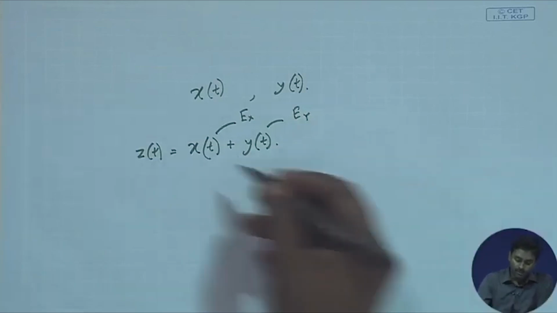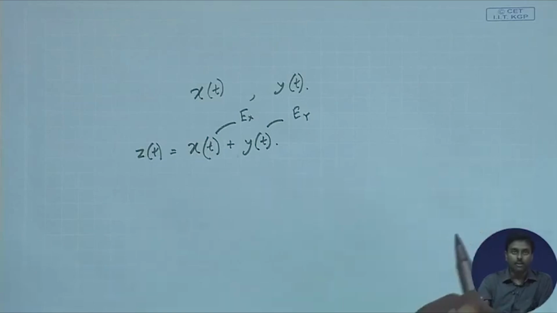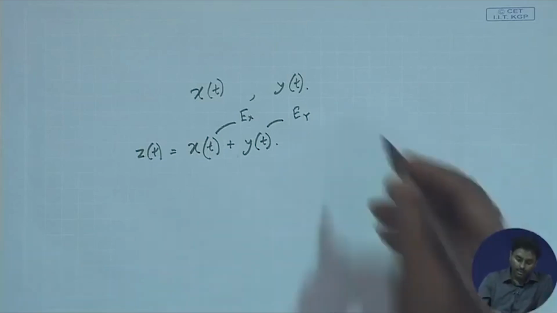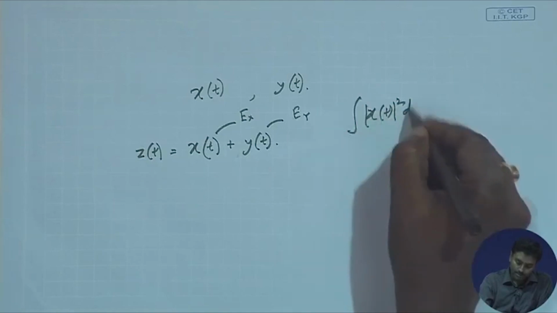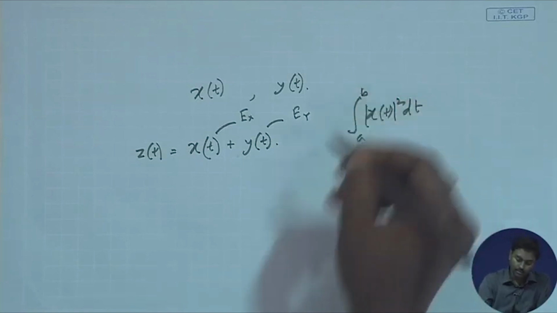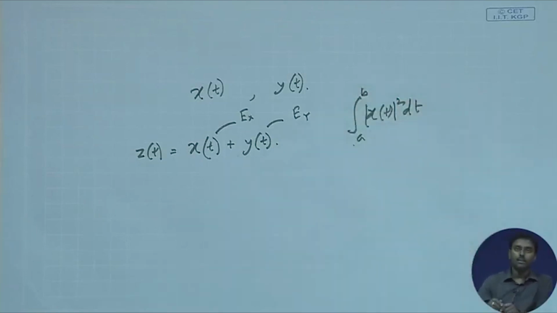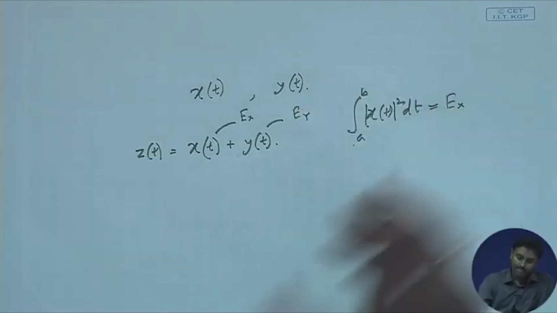How have I evaluated x and y? I do not care if they are complex or real. I just have done the integration of modulus x(t) square dt over the period that it is defined, a to b. So, for our case, if x(t) is cos ωct, it is minus pi to plus pi. This gives me Ex.